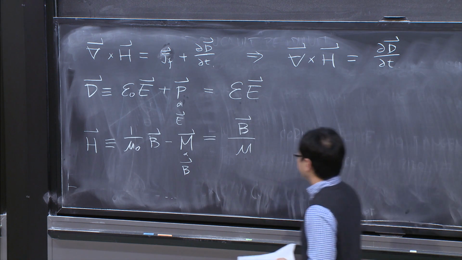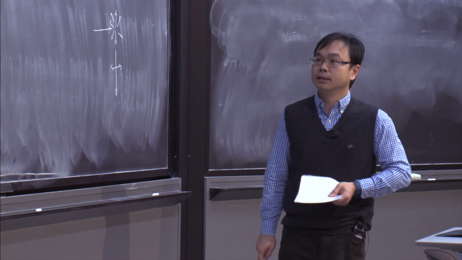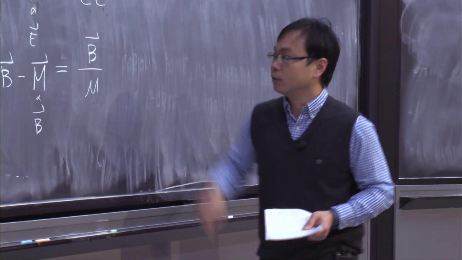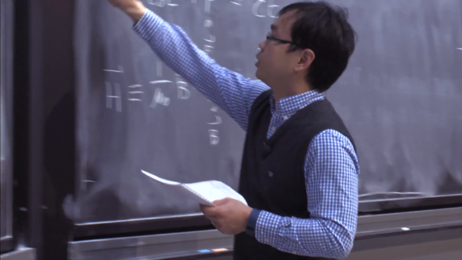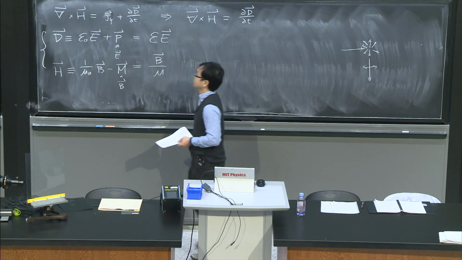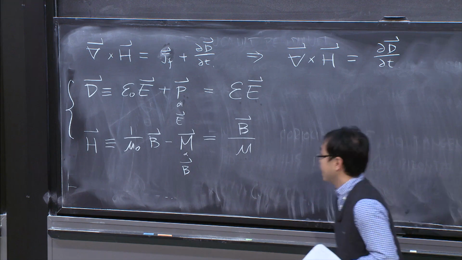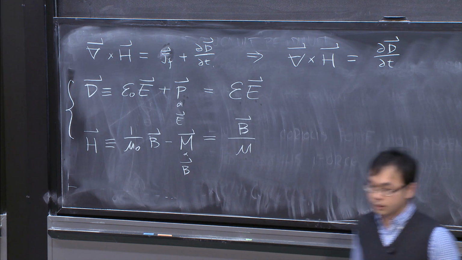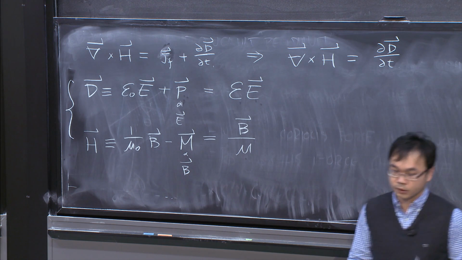Basically, these two quantities tell you how the D field and the H field are related to the electric field E and the magnetic field B. So if we assume a linear relation between D and E, as well as H and B, then we can immediately rewrite our Maxwell's equations in matter in the following way.